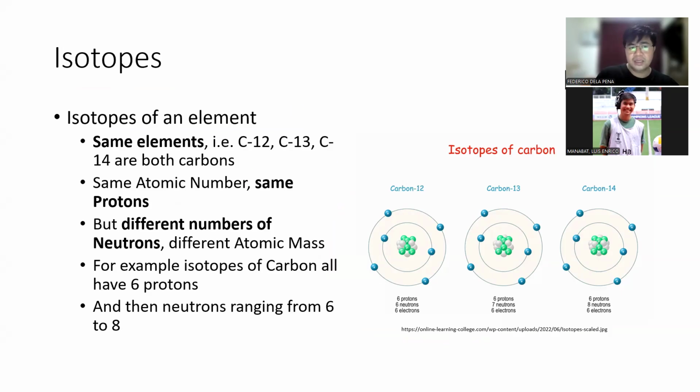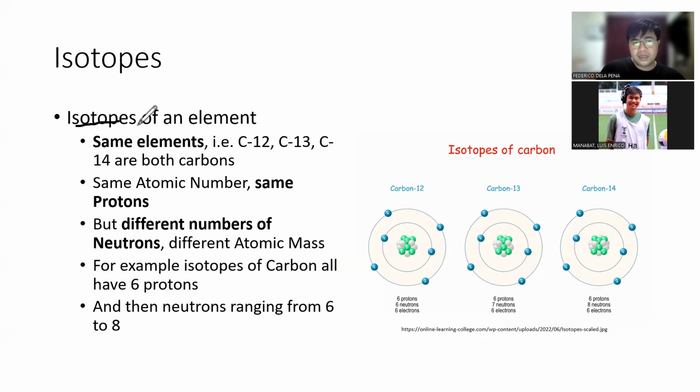Isotopes are always reckoned with respect to an element. For example, carbon will have variants which are distinguished by their atomic mass. So you have carbon 12, carbon 13, carbon 14. These are carbons with different atomic weights or atomic masses. Carbon 12 has 6 protons plus 6 neutrons, or 12 atomic weight.